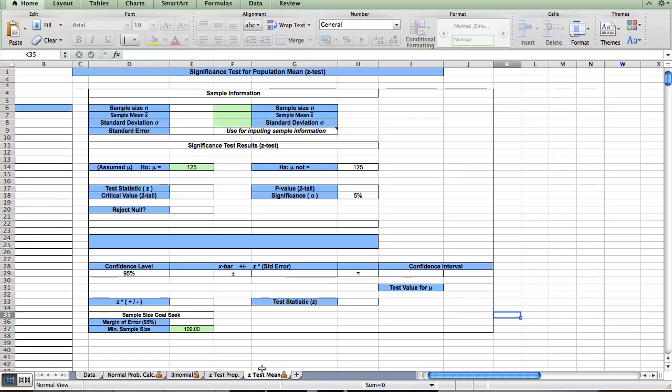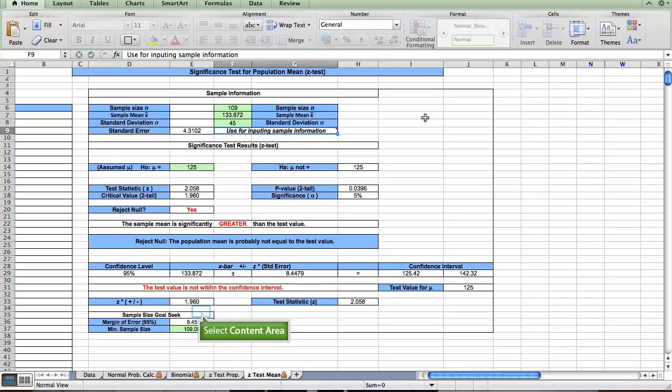Rather, we'll input our sample information directly into column F. Here our sample is 109, our sample mean 133.872, and we're using an assumed value for sigma equal to 45,000, or simply 45. Our goal-seek table is at the bottom of the sheet.